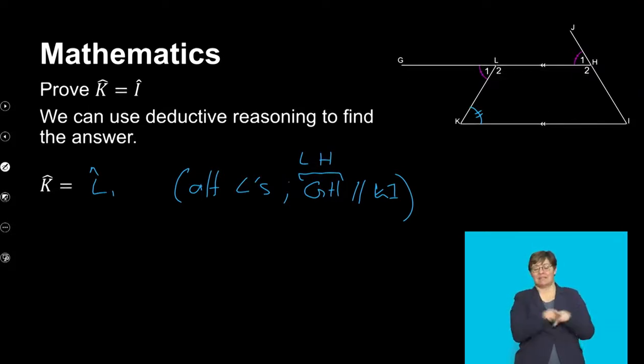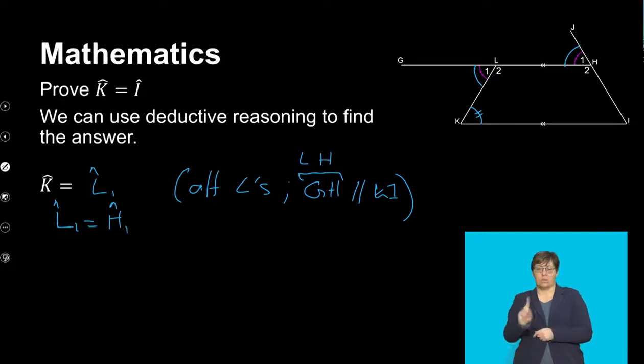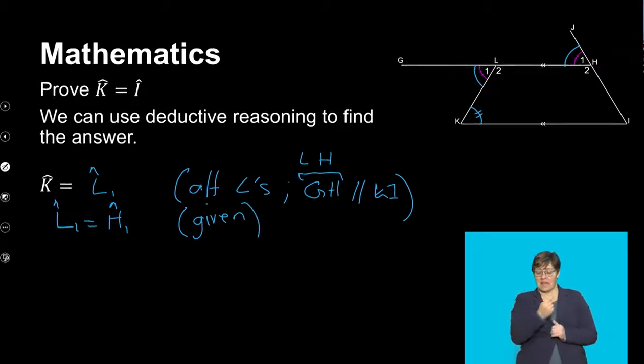So I know the statement. But from this, what else do I know? I know that L1 is equal to H1. And what is my reason for this? I was told in the statement. Not that you must write "I was told" here, because you write "given".